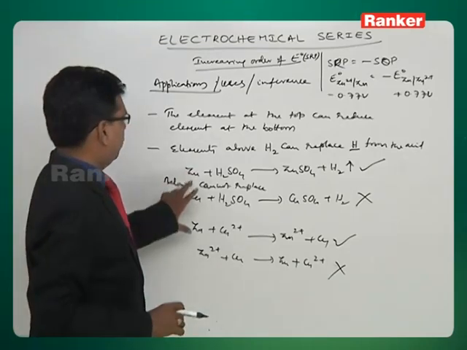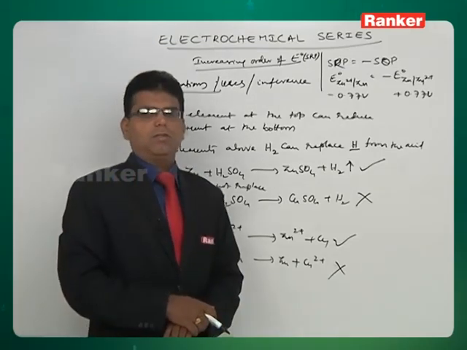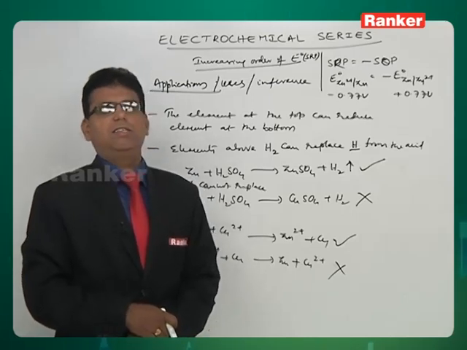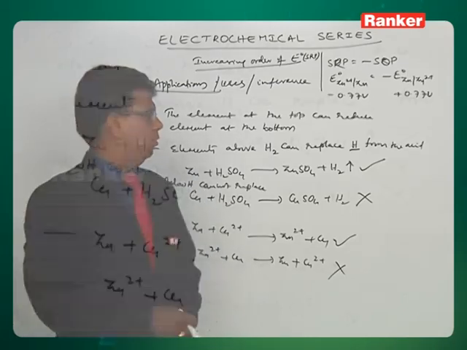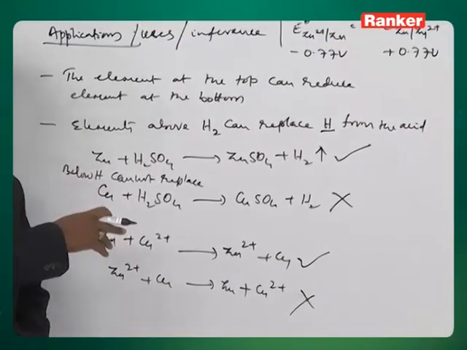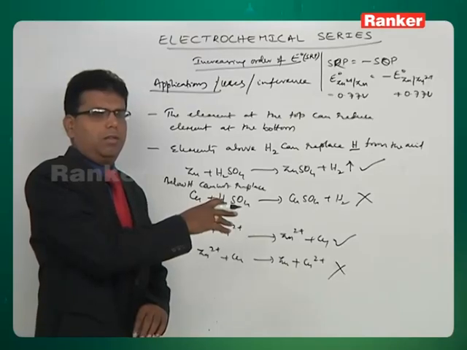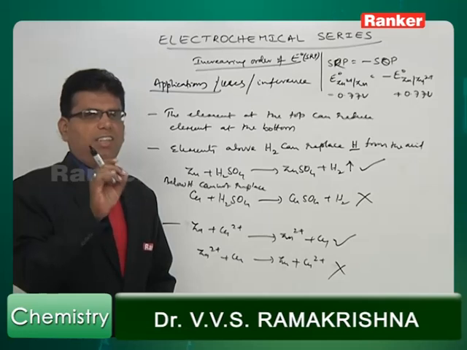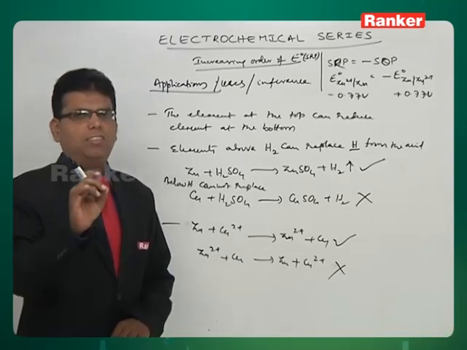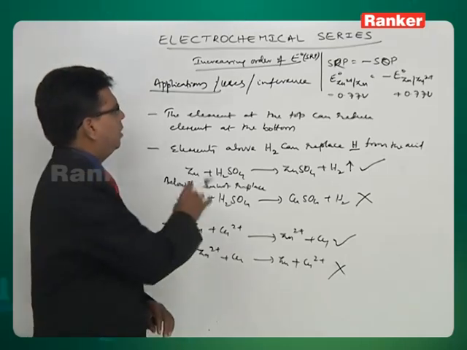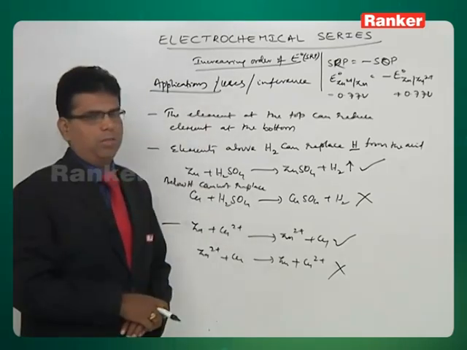So, these are the two very important facts that we can understand from the electrochemical series. This is very helpful in understanding possible redox reactions. E naught values give us a very clear understanding of the possible redox reactions. That is a very important application of the electrochemical series.